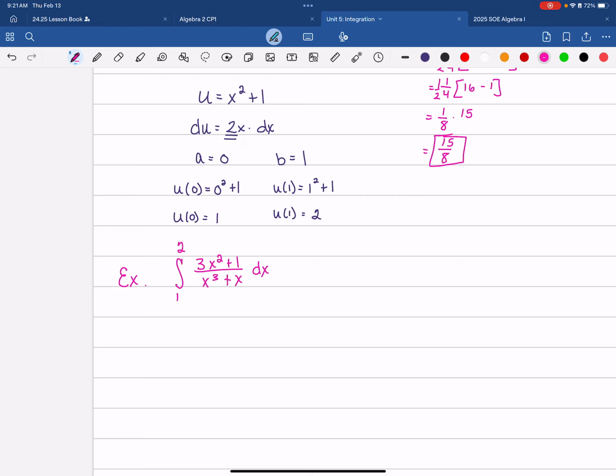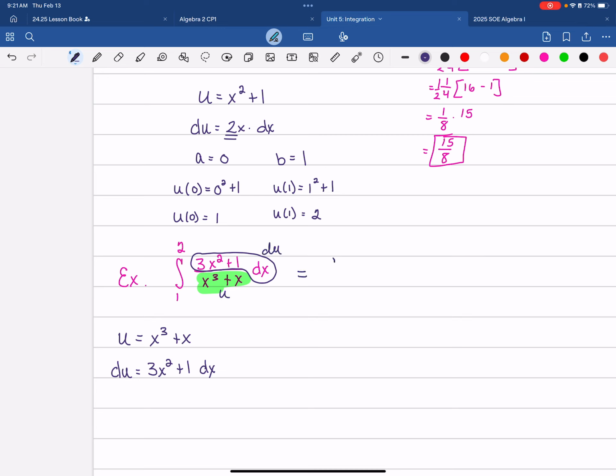And so we always want to look for our larger degree because when I take the derivative of that, what I'm going to end up with is something in terms of a lower degree of the other expression. So in this case, notice that my inside function is going to be that x cubed plus x. So I'm going to go ahead and let u be x to the third plus x, because then du is going to be 3x squared plus 1 dx, and notice that's that guy right there. So I have my u and I have my du.